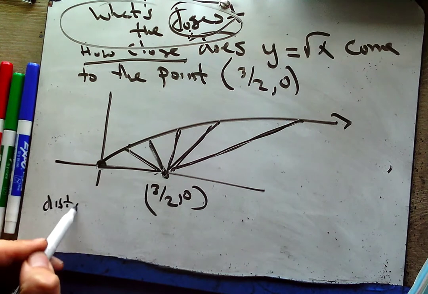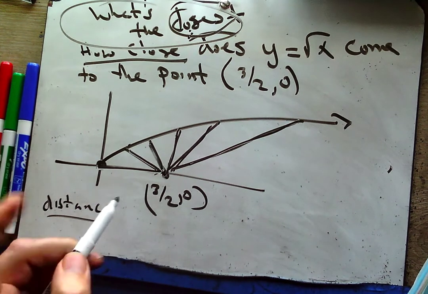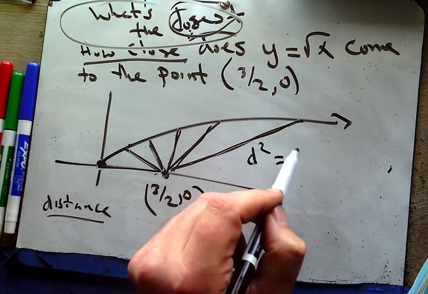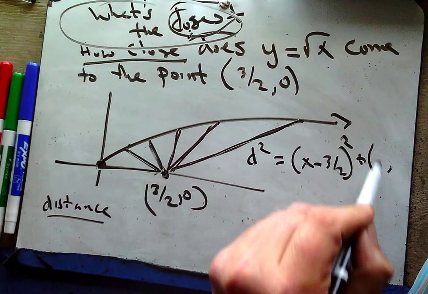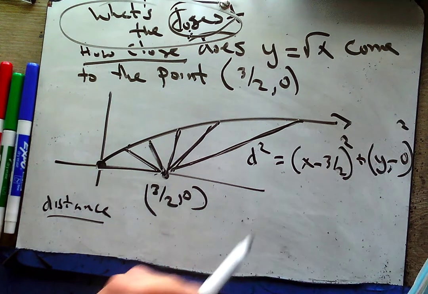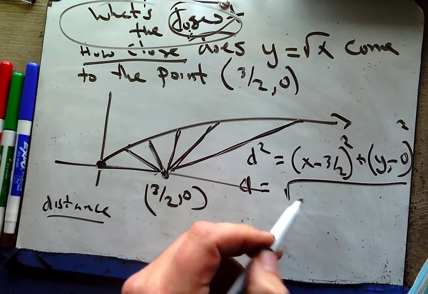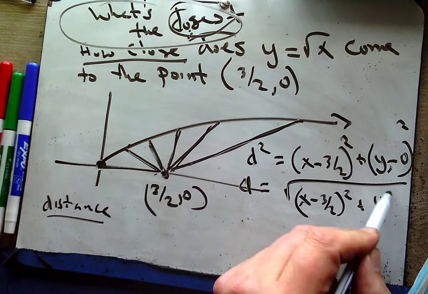Distance formula is what I want to take the derivative of. The distance formula, remember, d squared equals x minus 3/2 squared plus y minus 0 squared. Or d equals square root of x minus 3/2 squared plus y squared.